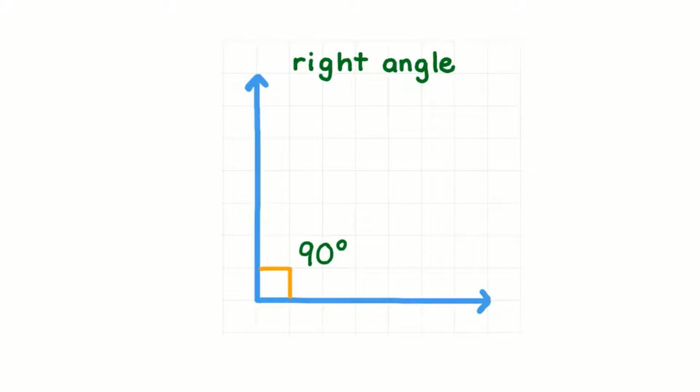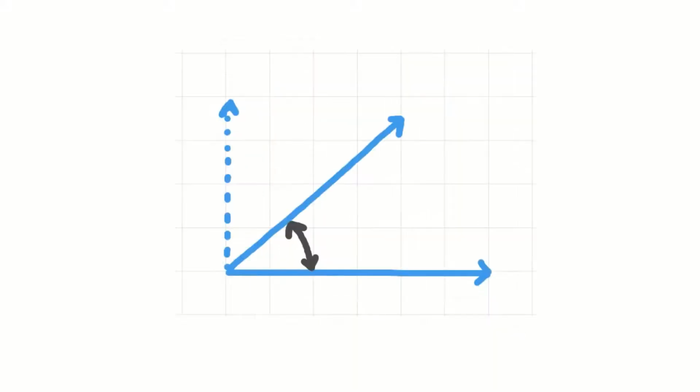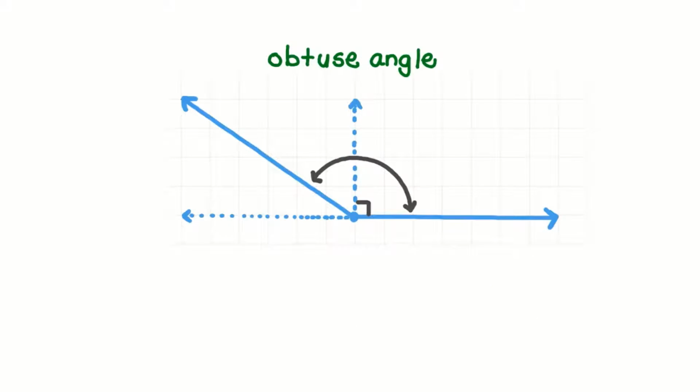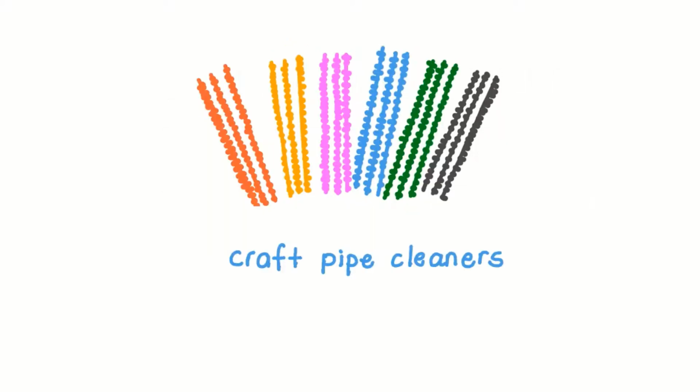A right angle measures 90 degrees. An angle which measures less than 90 degrees is called an acute angle. An angle which measures more than 90 degrees but is less than a straight line is called an obtuse angle.